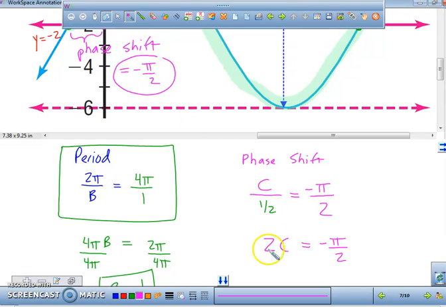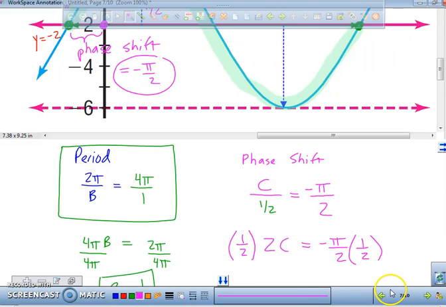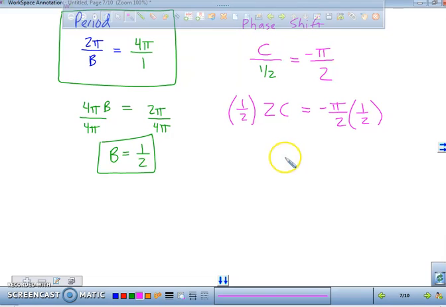Now, to solve for C, I'm going to multiply this side by half, and this side by half. Whenever you're solving, you can divide both sides by 2, or you could multiply both sides by its multiplicative inverse, or its reciprocal, which is 1 over 2. And C is equal to a negative pi over 4. That's what C is equal to.